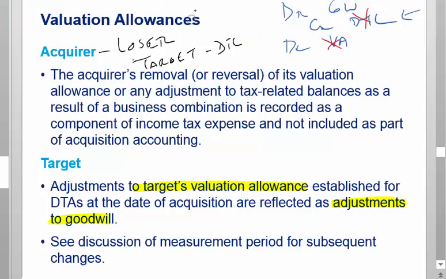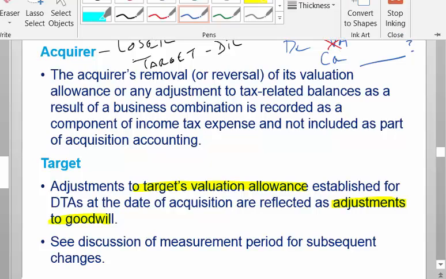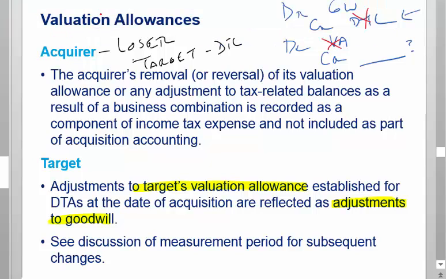But now the question is, what do I credit? So I, as the loser, buy a company, and I get to reduce my valuation allowance because I inherited DTLs. That net entry, believe it or not, is recorded in the provision.